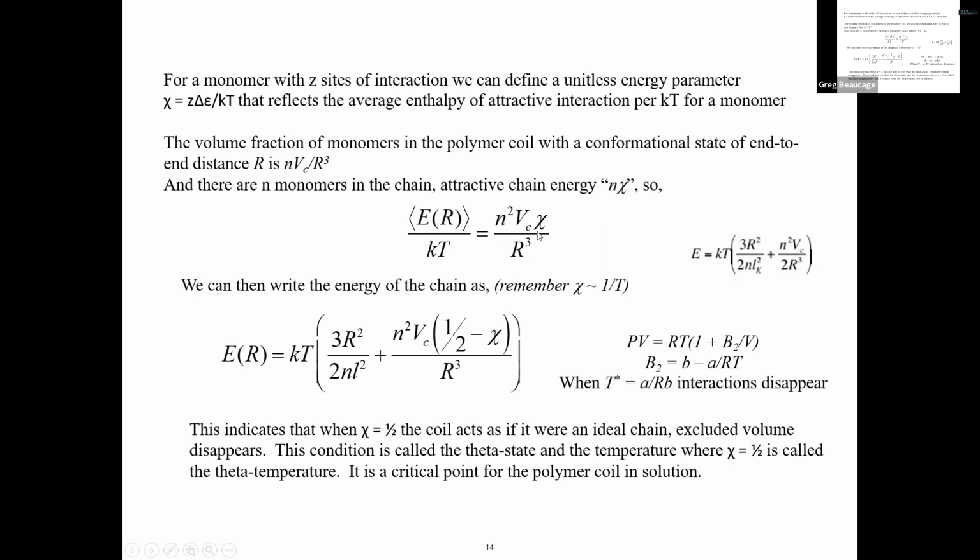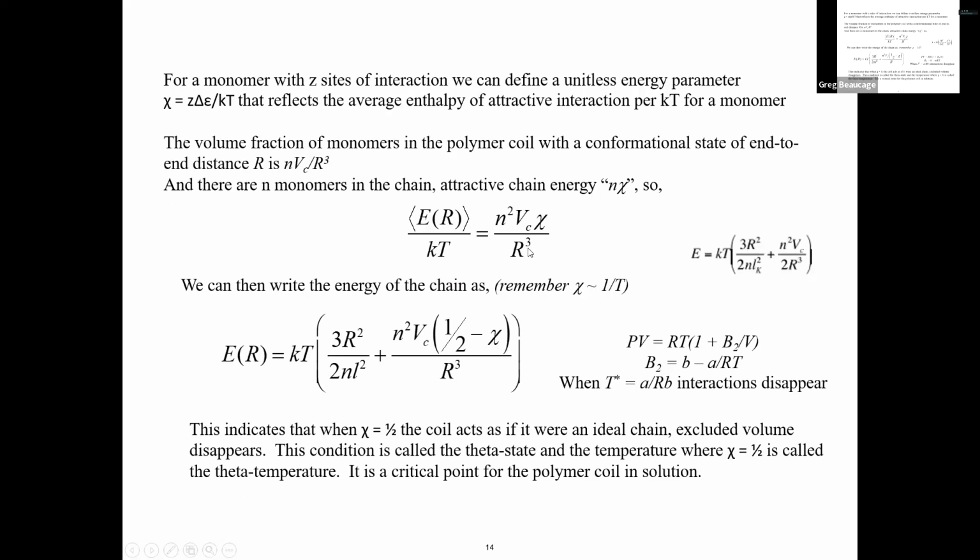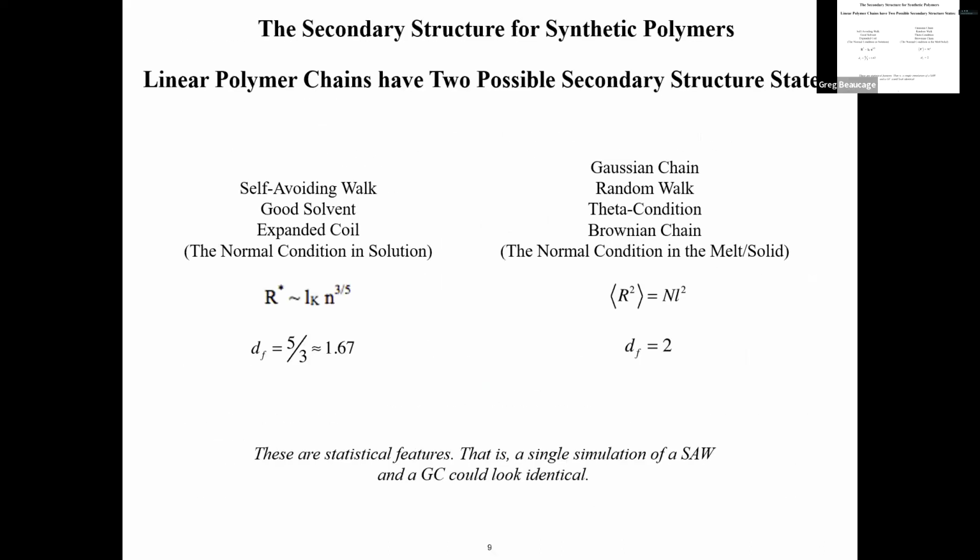And then you end up with this expression, which can just pop into the Boltzmann. You already took care of kT, so just minus that term, and that term just plops into the chain energy. This term is of the same form as the excluded volume term we got back here.